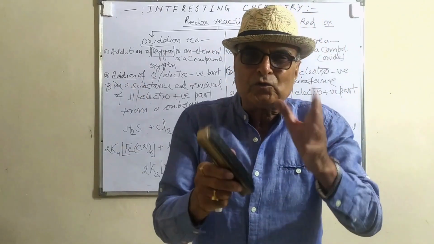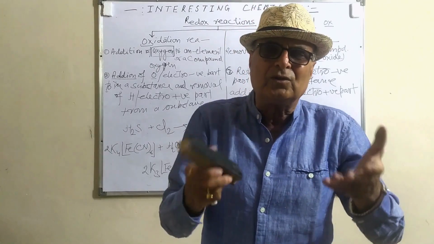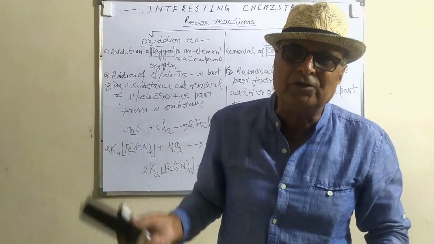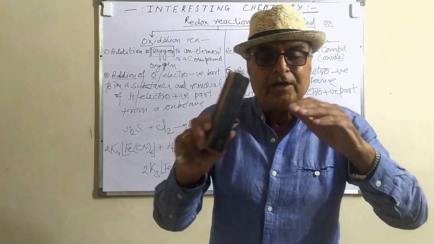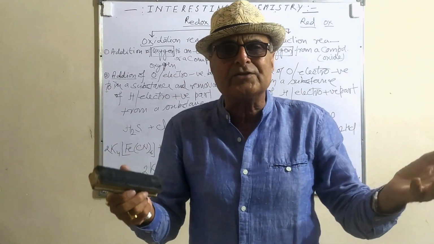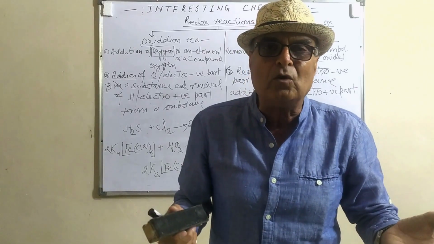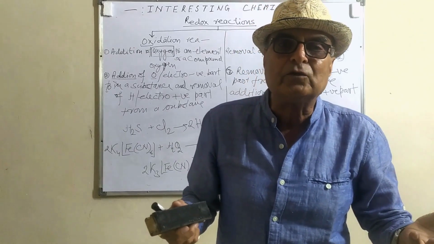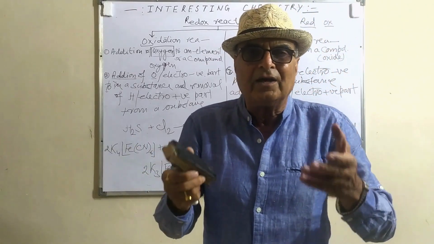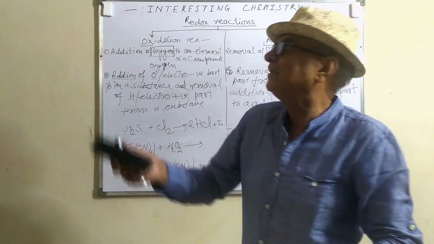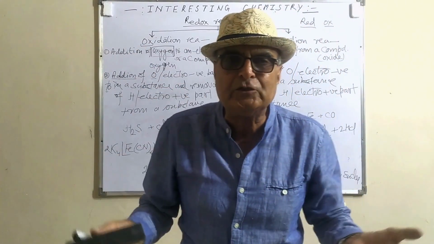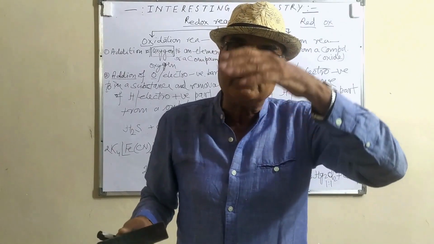I have told you that you should know about the history or the old concept of the redox reaction. I have told you all the reactions. Now in my coming video, I will tell you about the modern concept: the gain of electron or the loss of electron also helps us to define oxidation and reduction reactions.